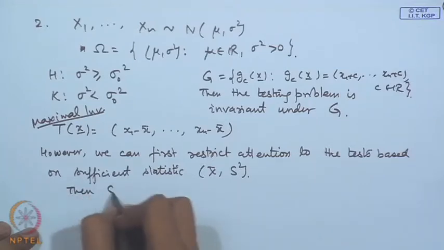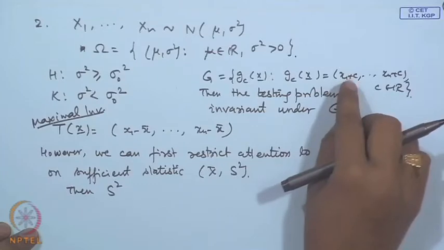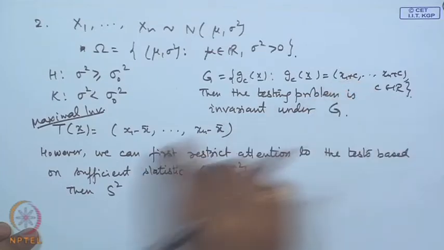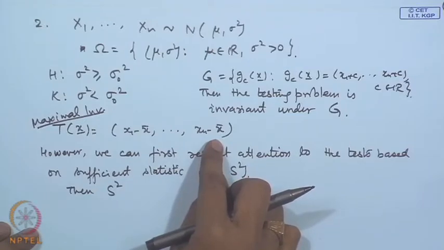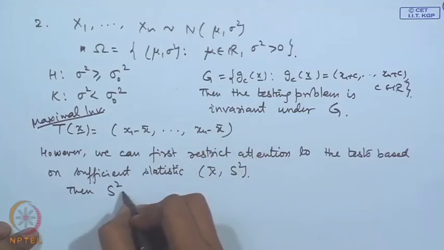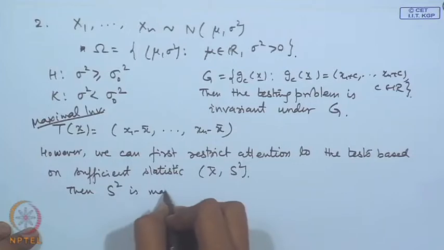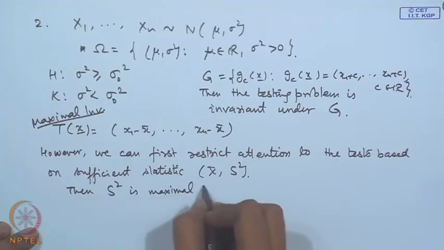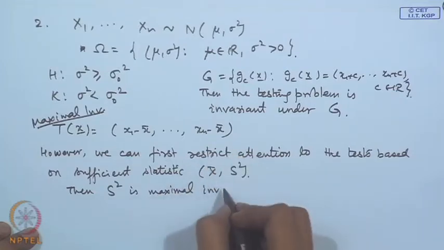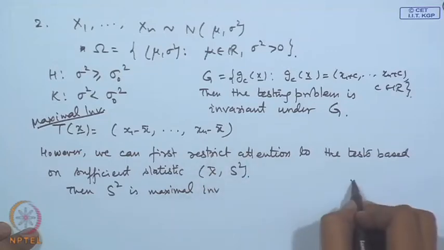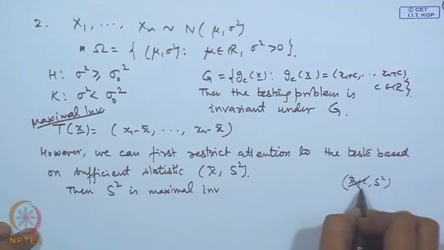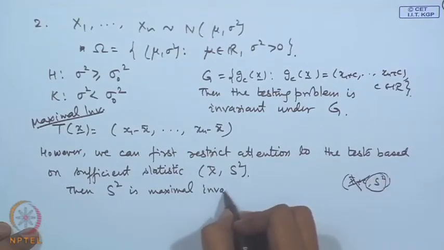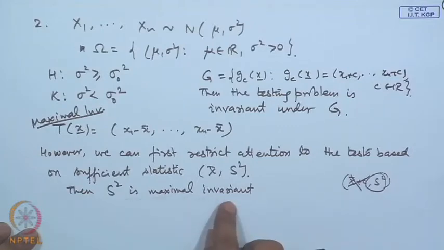Then if I look at s square, this is also a function of the maximal invariant, because s square is the sum of (xi minus x bar) whole square. So then s square itself is maximal invariant. If I restrict attention to these two, because here I consider x bar plus c and s square, and if I take c equal to minus x bar, this vanishes. So I get s square. So if I am considering only the sufficient statistic, then s square is maximal invariant.